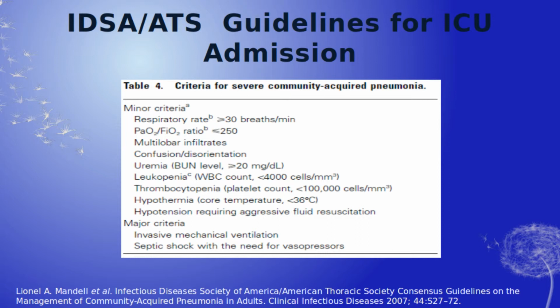And these guidelines were actually derived from a study that was done in 1998. At that time, the American Thoracic Society had a set of 10 severity criteria that they found were associated with severe pneumonia. Their rule was that if you had any one of the criteria, you were considered to have a severe pneumonia.